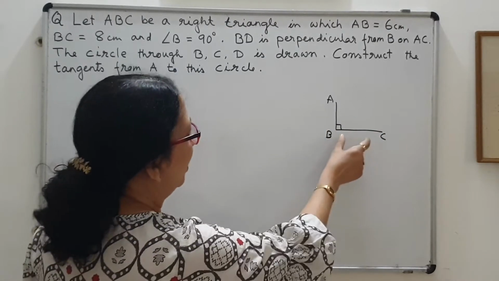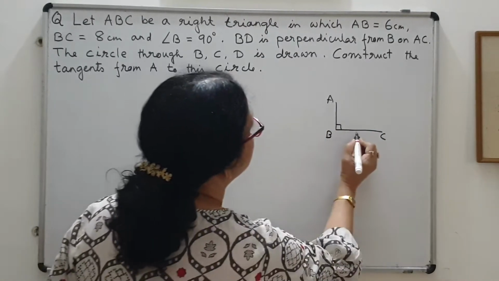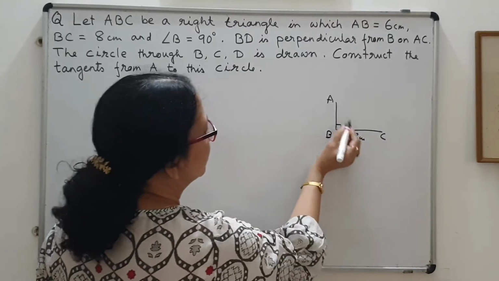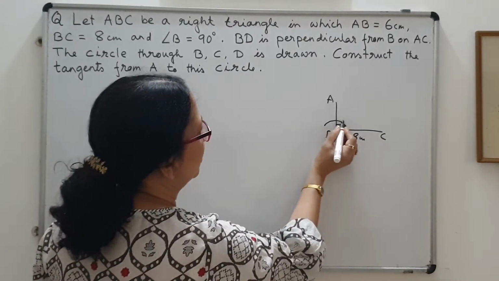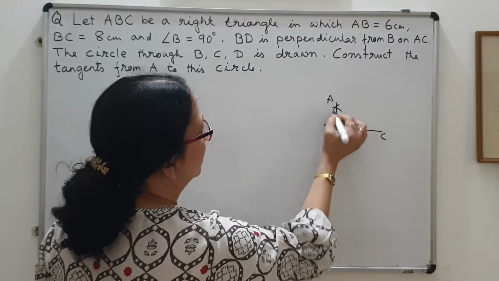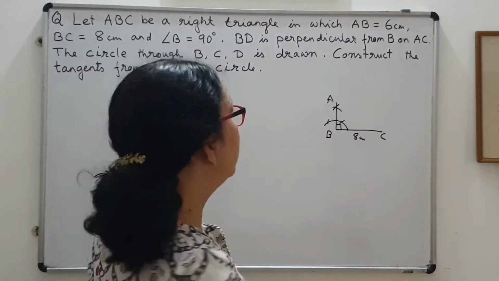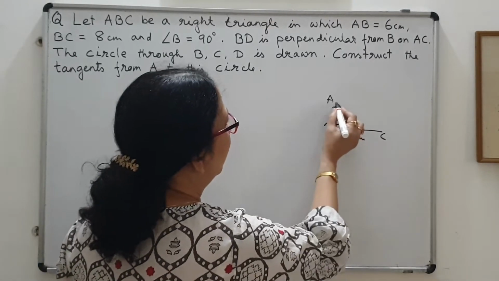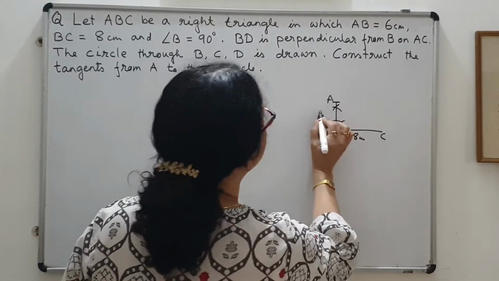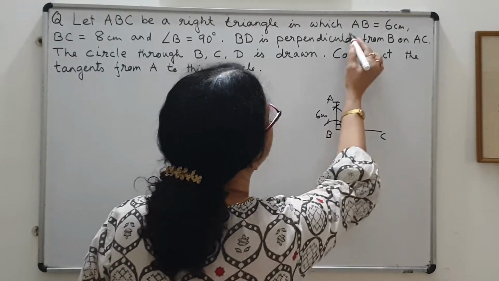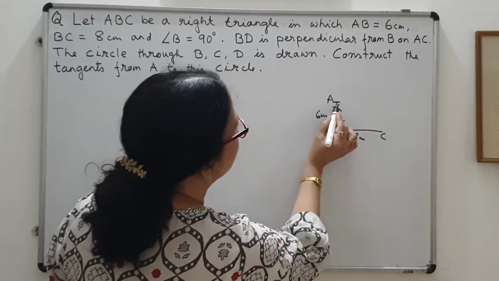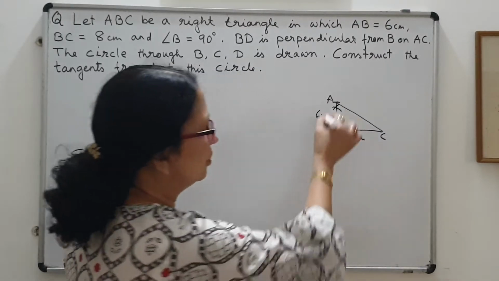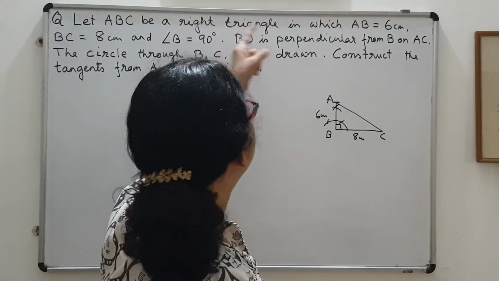I can take BC to be 8 centimeter, and then construct a 90 degree angle at B, which I have shown you so many times. From there I will cut out a length of 6 centimeter to get AB to be 6. Then I will join AC. So in this way I can construct the given right triangle.